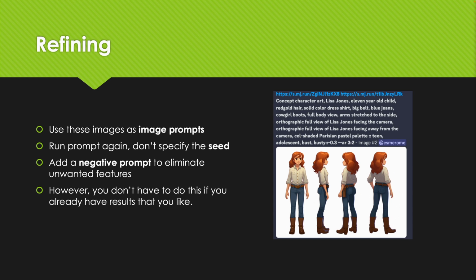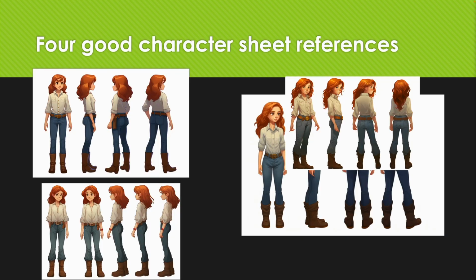And okay, then we've got some character sheet references. Apparently they got a little messed up in PowerPoint, but this hopefully gives you some idea. These two are the images we already had. All right, so even though there's something messed up in the formatting, all that aside, you can see that we've got some good reference images.